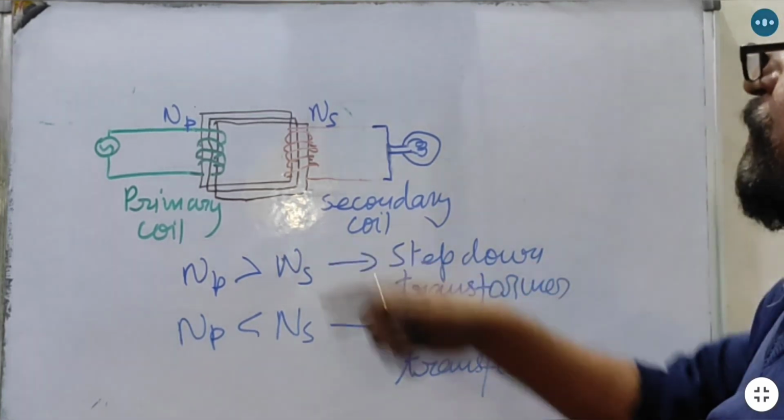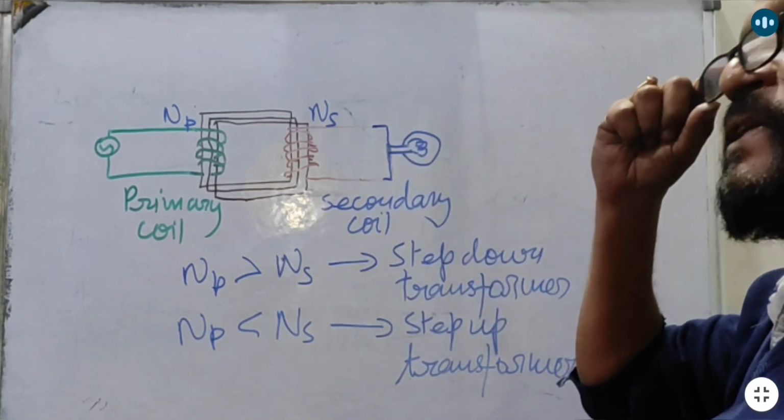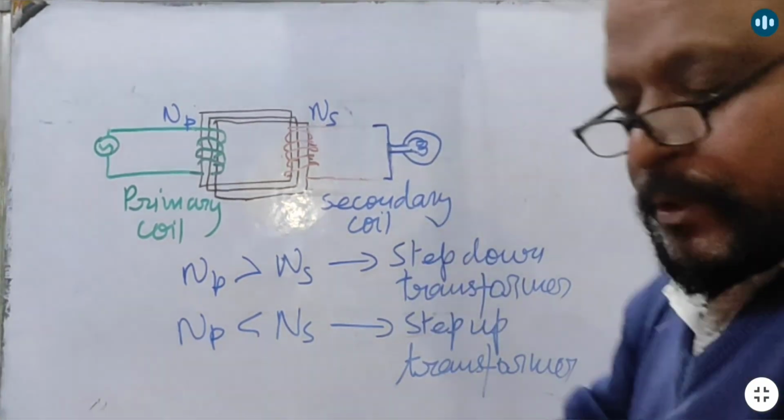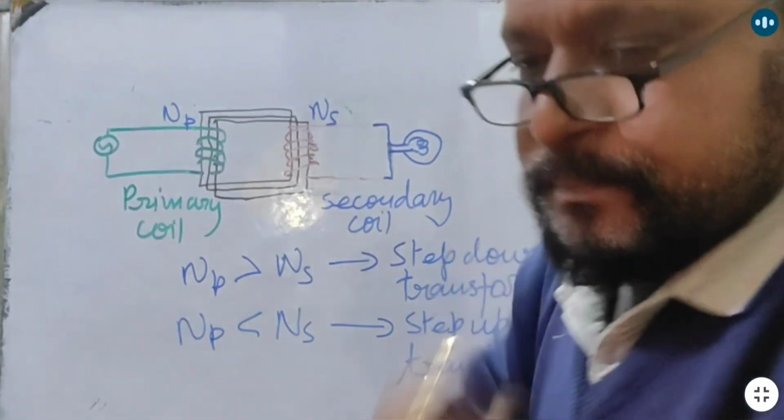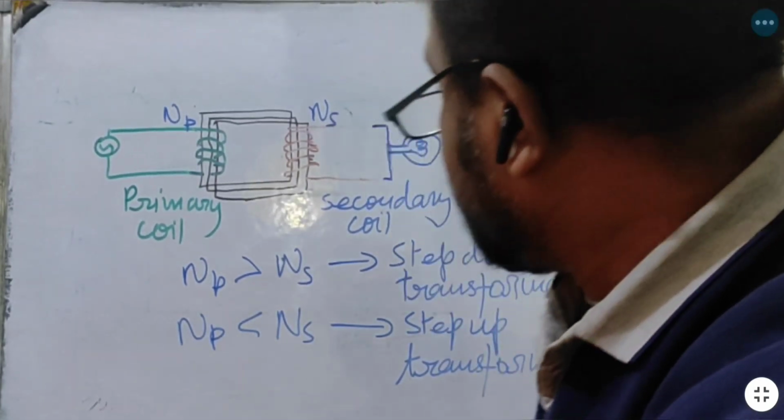So what is the transformer doing? Transformer, by changing the amplitude, alters the EMF, the potential difference, right?